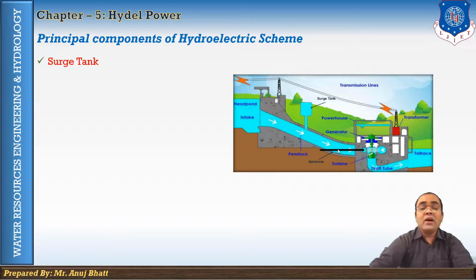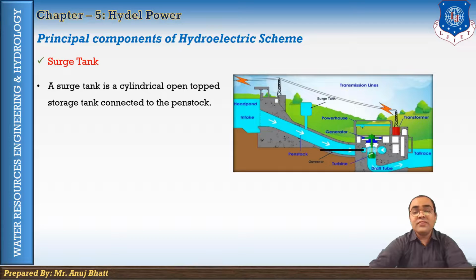A surge tank is a cylindrical open top storage tank that is connected to the penstock. These are provided to relieve the penstocks of excess pressure caused by water hammer, and to provide an additional supply of water when the turbines are in need of more water on account of increased load.